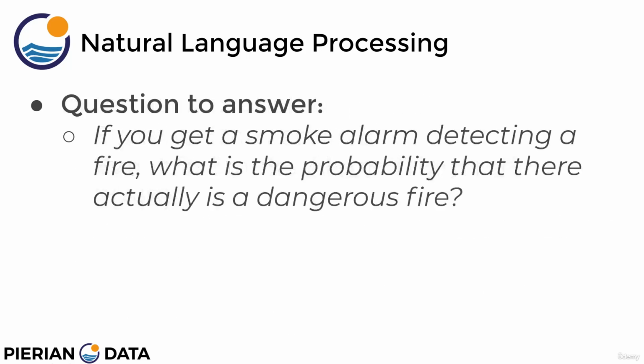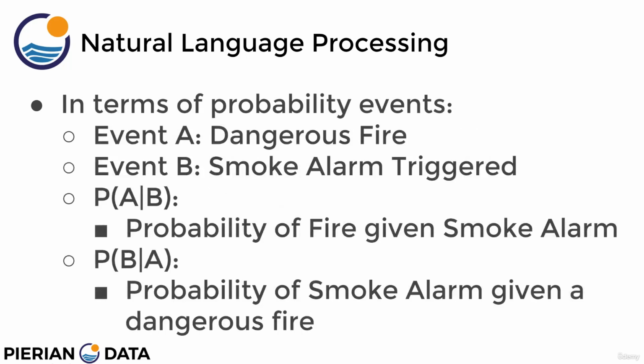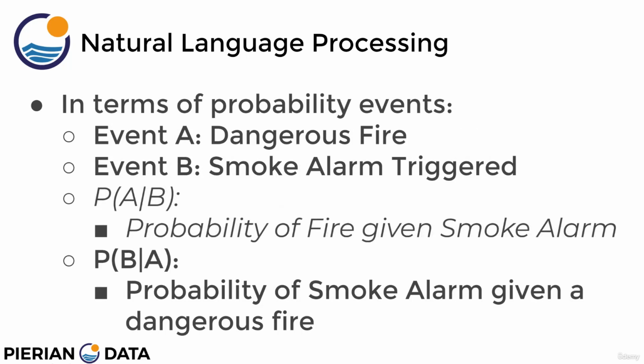And if we think back to the question we're trying to answer, it's, if you actually get that smoke alarm detecting something, what's the probability that there actually is a dangerous fire? And if we take a look at these two probability events, really what we're talking about is this one. Probability of A given B corresponds to the question we're trying to answer. If we know that a smoke alarm has gone off, what is the probability that there actually is a dangerous fire given what we know about these smoke alarms?